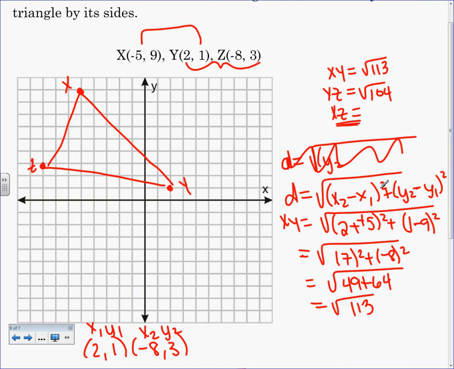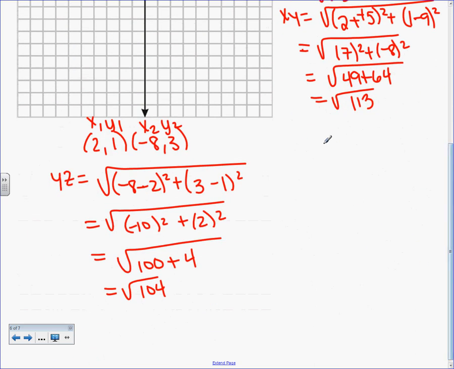You guys find XZ really quickly. So XZ is going to be, X was at negative 5, 9, and Z was at negative 8, 3. So do your distance formula. I'm going to start filling stuff in while you're trying it, but I'm not going to talk.